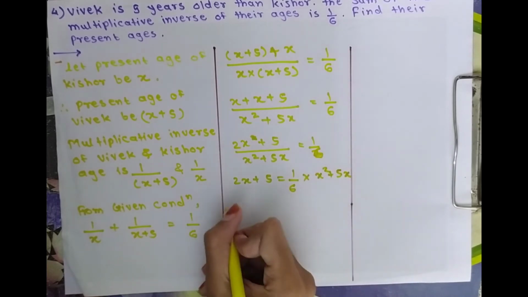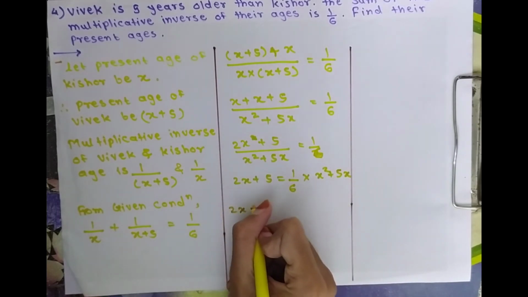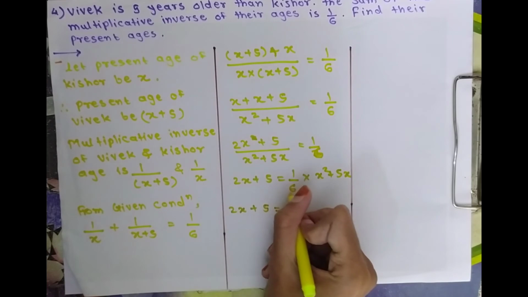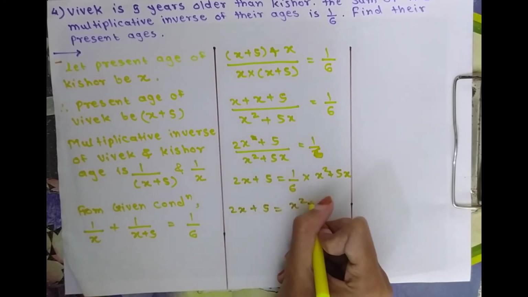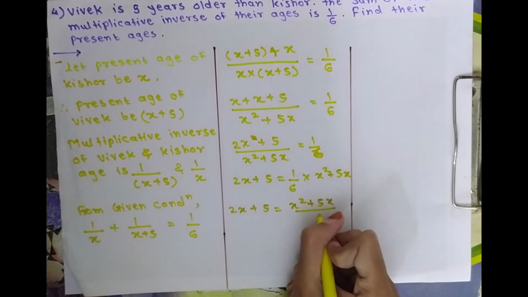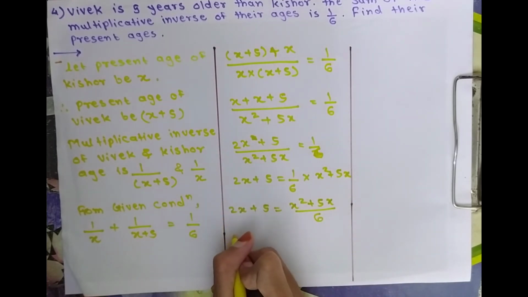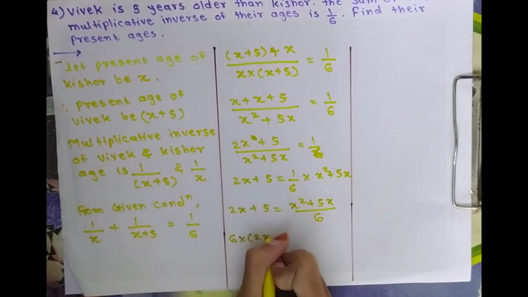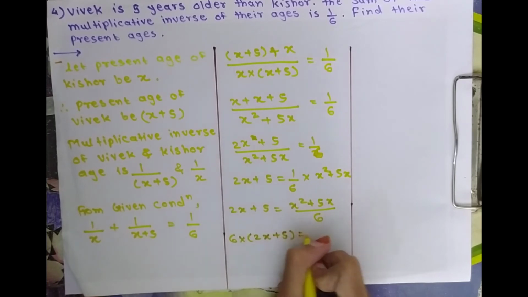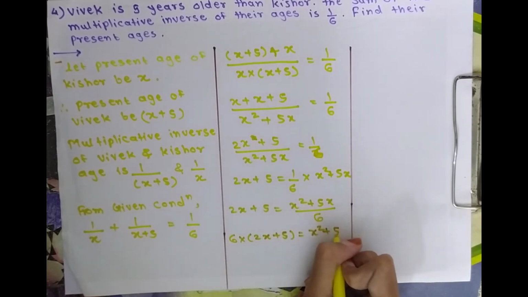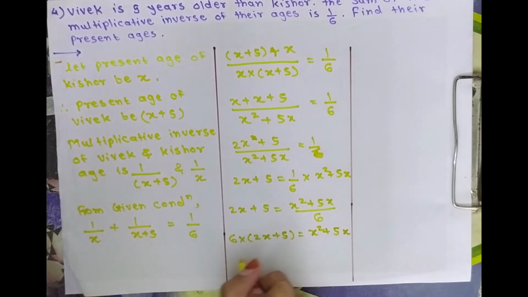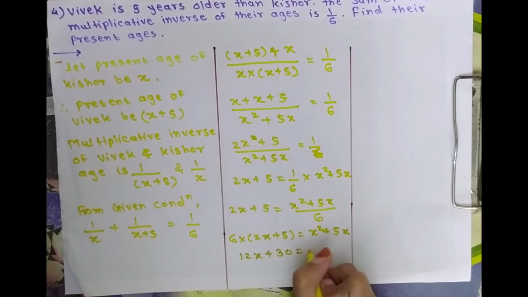Now 2x plus 5 is equal to x square plus 5x upon 6. This upon goes on multiply. So 6 multiplied by 2x plus 5 is equal to x square plus 5x. So 6 into 2 is 12x plus 6 5s are 30 is equal to x square plus 5x.